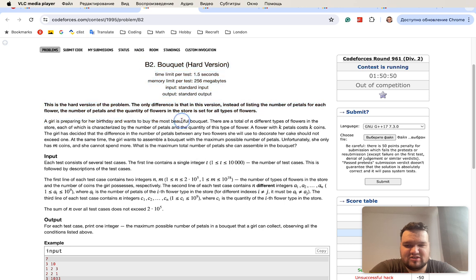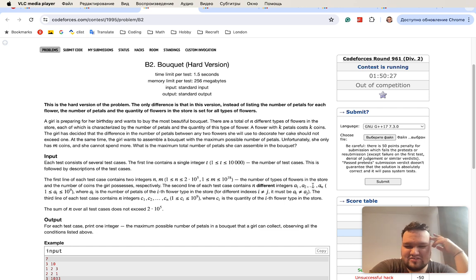So here it is nicer because like it is guaranteed that the number of petals are different for different types, so they are already like compressed in the groups with the same number of petals, with the same type.